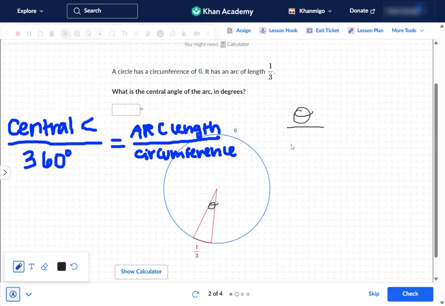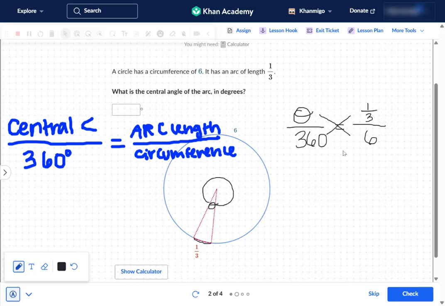So theta, our unknown, divided by the total degrees, 360, is equivalent to the ratio of the arc length, 1/3, divided by the grand total, 6. When solving proportions, we can cross multiply.